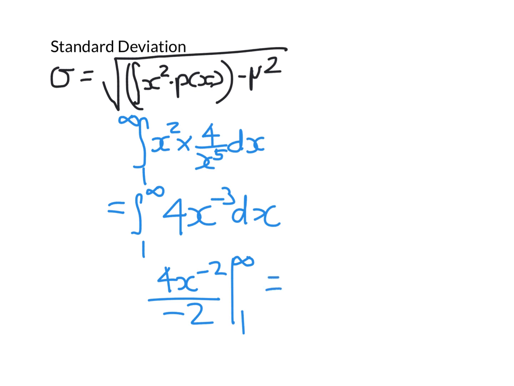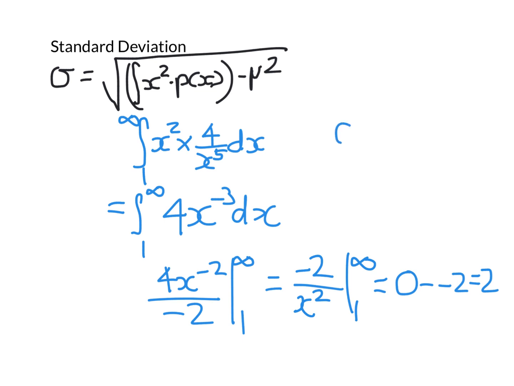So again, it'll probably be easier if we write this as, 4 divided by negative 2 is negative 2, and we put the x squared on the bottom. That helps us see much more clearly that when x is infinity, this will again be 0. When x equals 1, we get negative 2 over 1, which is negative 2. So this comes out to be 0, subtract negative 2, which is 2.